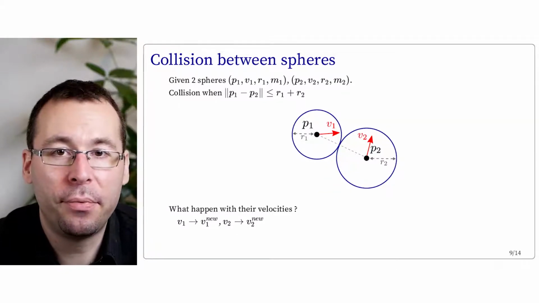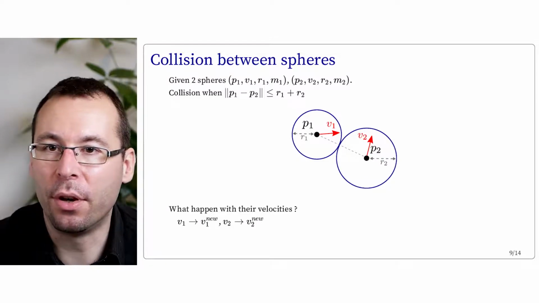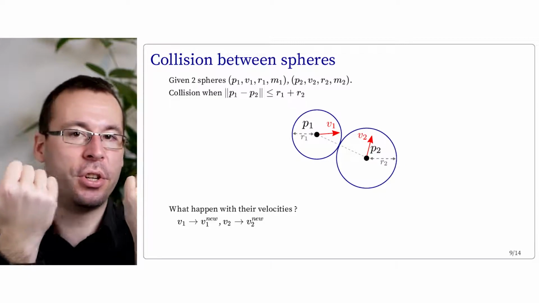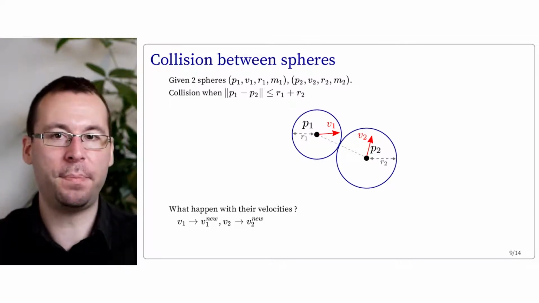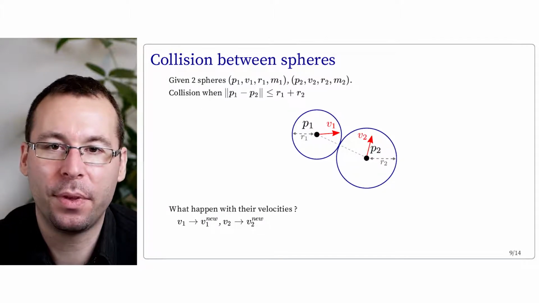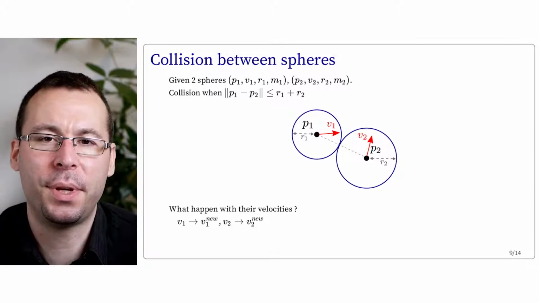Here, a kind of intuitive answer would be to say that we project the speed along the component of this separating plane and invert the direction of v1 and v2 with respect to this plane. But actually, this is not exactly what will happen. And of course, the mass of the particle should play a role into the response.